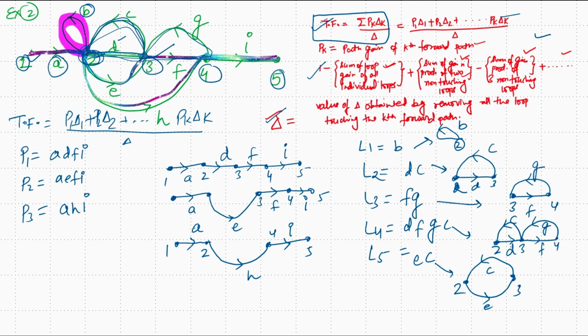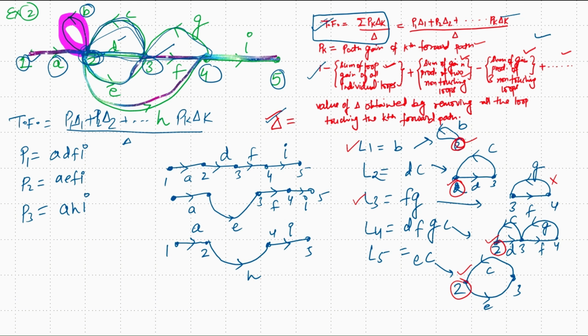If we talk about the non-touching loops, you can clearly see that node number 2 is present in all these loops except loop number 3. So L1 and L3 are the non-touching loops. Otherwise, all the loops are touching. There is a common node, node number 2, in all the loops except loop number 3.